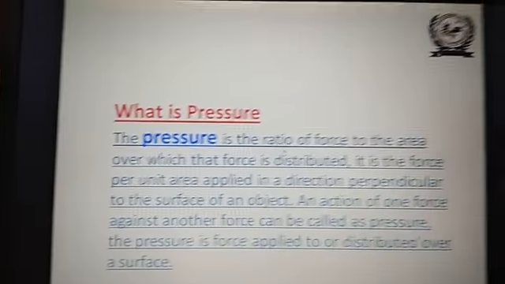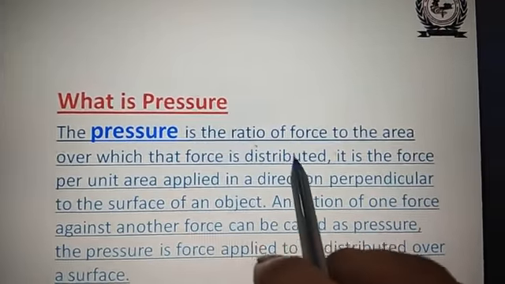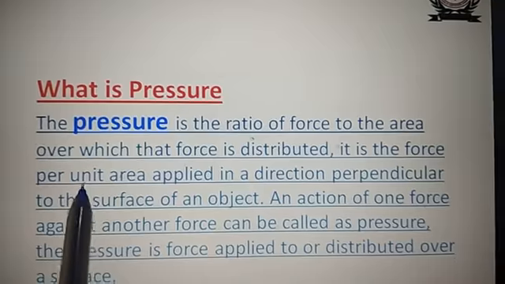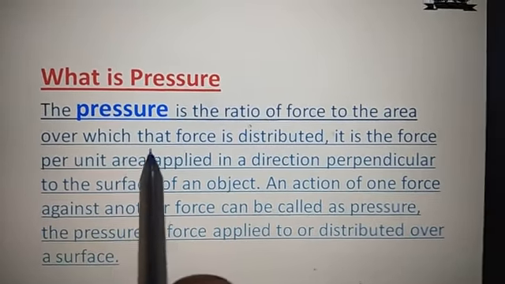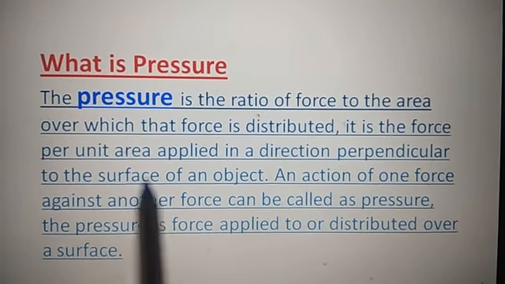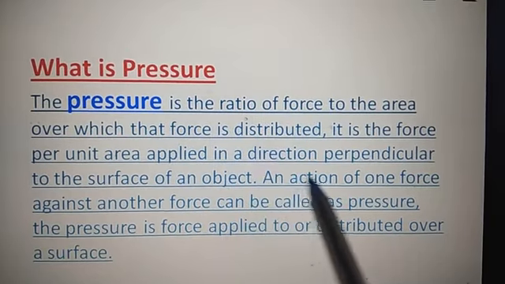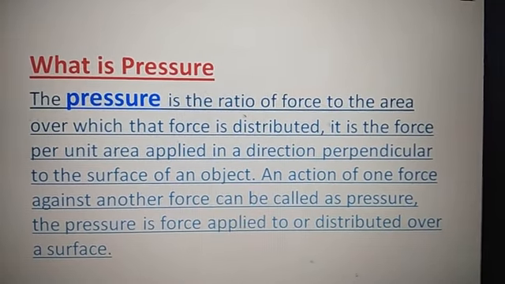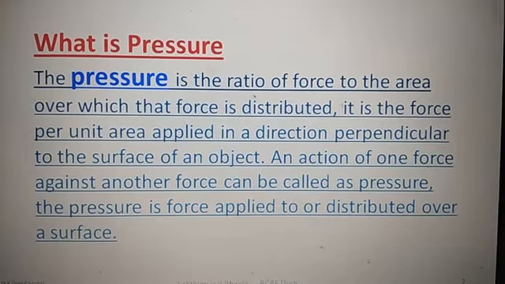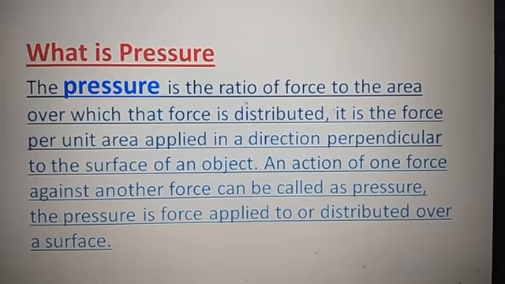Let us see what is pressure. Pressure is the ratio of force to area, F by A, over which that force is distributed. It is force per unit area applied in a direction perpendicular to the surface of the object. An action of one force against another force can be called pressure.